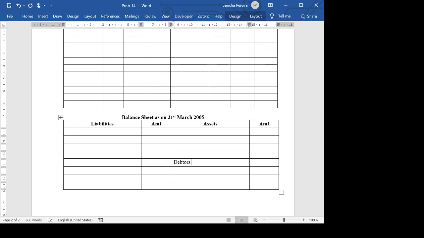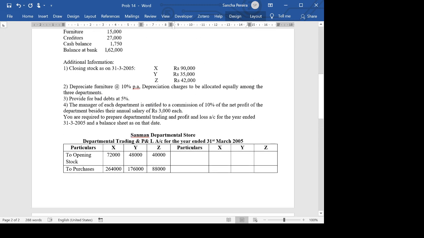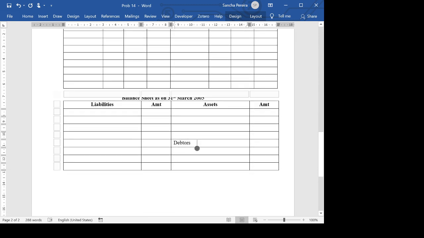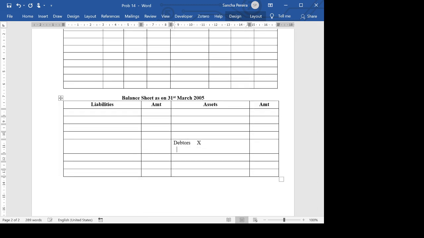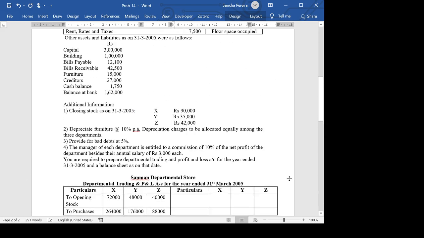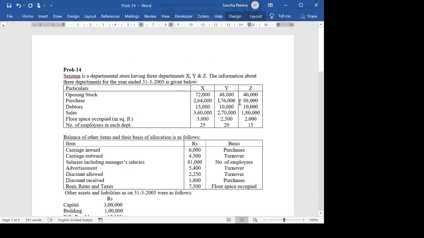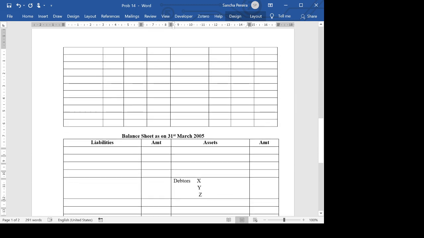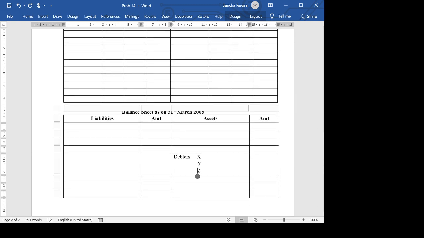Debtors. Now with debtors, we have of each department, of X, Y, and Z. The amounts are 15,000, 10,000, and 10,000.